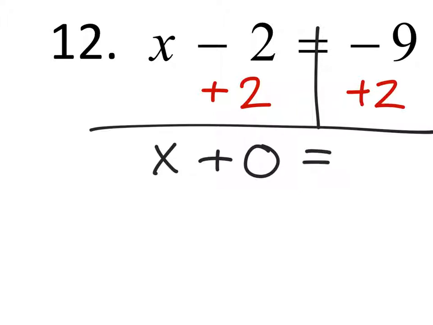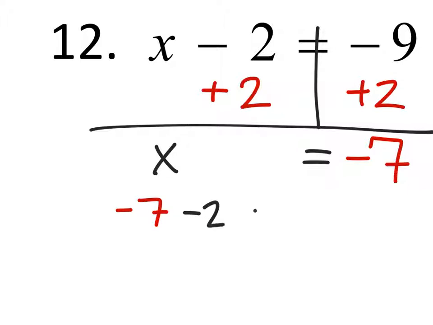So negative 9 plus 2 would equal negative 7. So we got that x plus 0. That's just going to give us x if we were to actually evaluate that. Well, we found the value of x. That's great. Let's go ahead and replace that x with negative 7 in the equation and just see if it gives us a true statement.